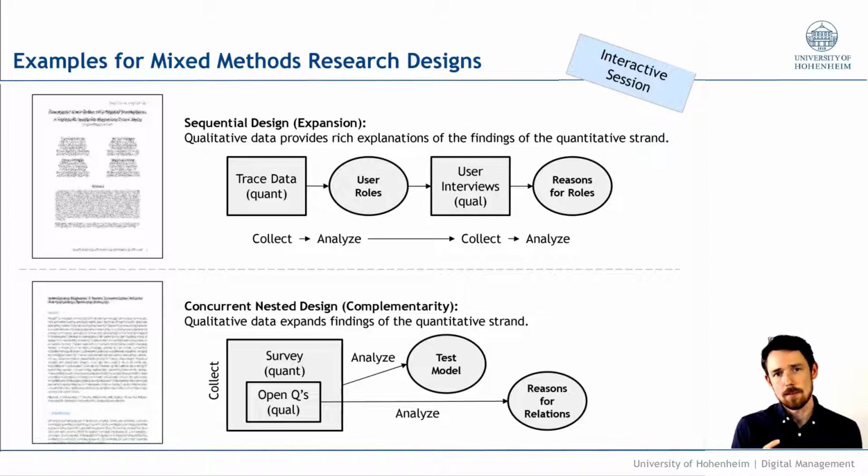But maybe those hypotheses don't have a lot of details for a specific context that you're interested in. Or you might not know if you will get a positive result if you have significant relationships, because they're competing hypotheses. And in that case, you could ask open-ended questions to get reasons for those relationships.